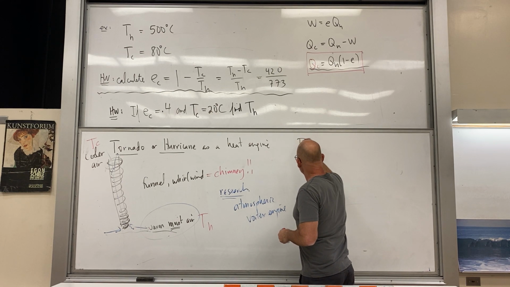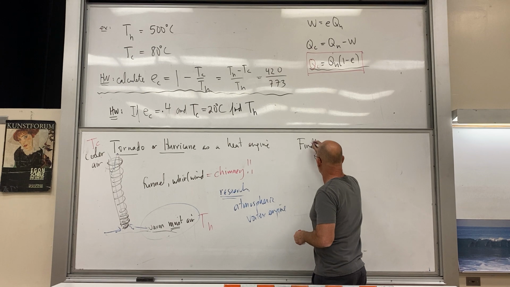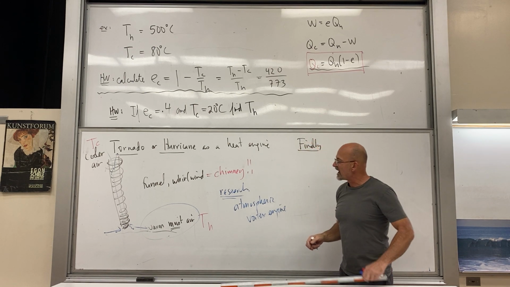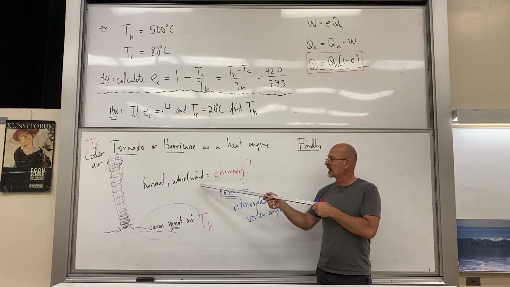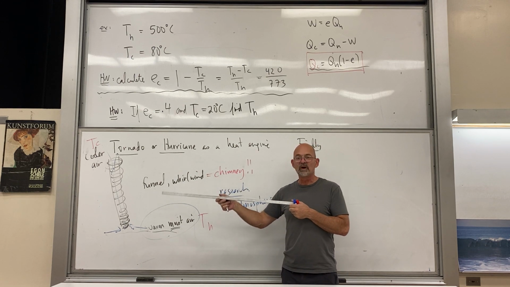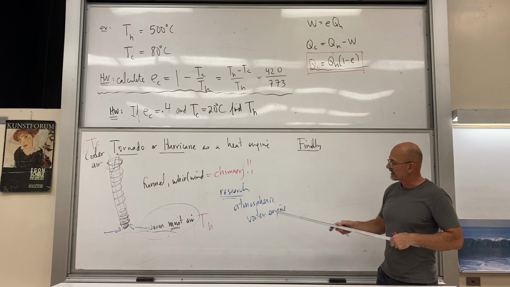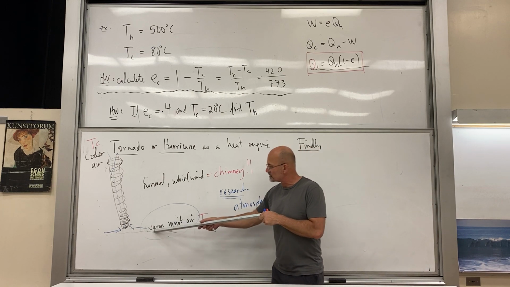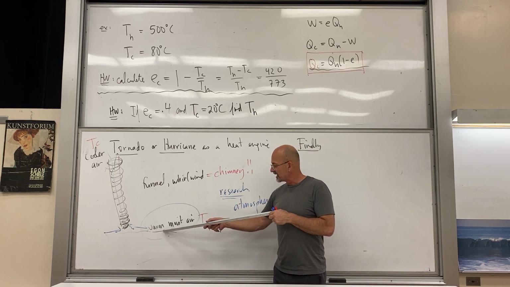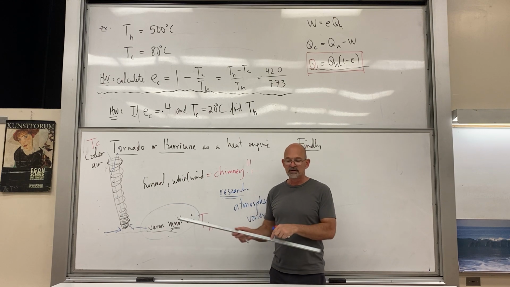So finally, what is driving this heat engine? Okay, if the tornado and hurricanes are heat engines, what is driving them? And the answer is it's solar energy. Right? The warm, moist air over the ocean is actually warmed and evaporated due to solar energy.